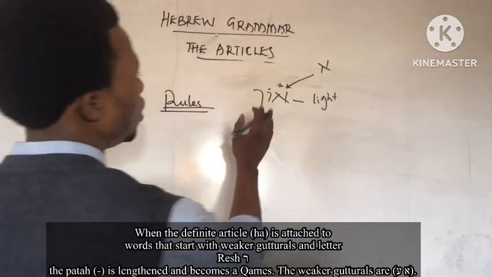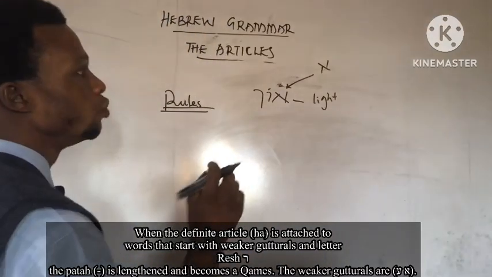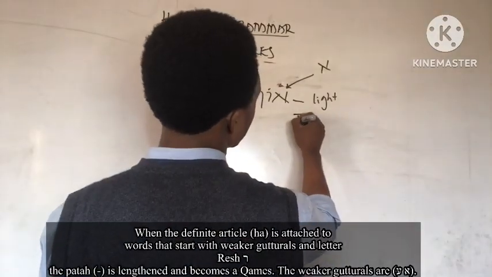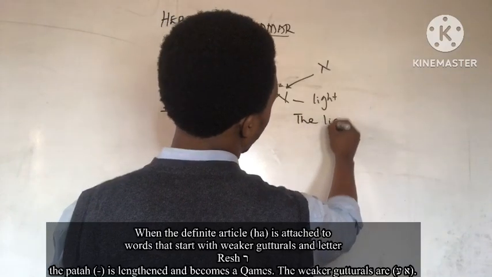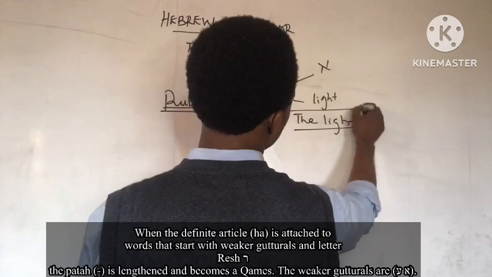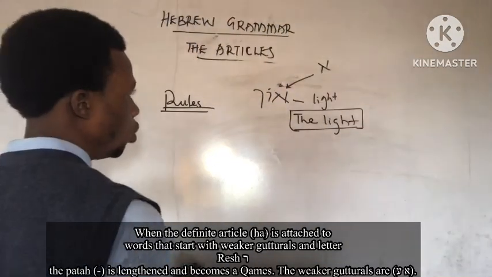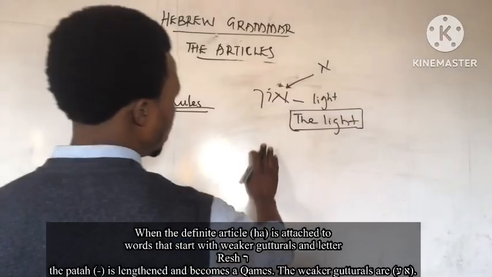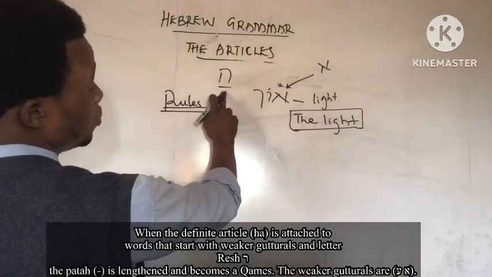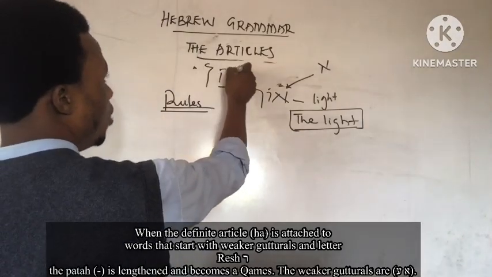So we have or, which is light. Now I want to say "the light." How do I say the light? Will I still follow the first rule? No. The article is ha, right?